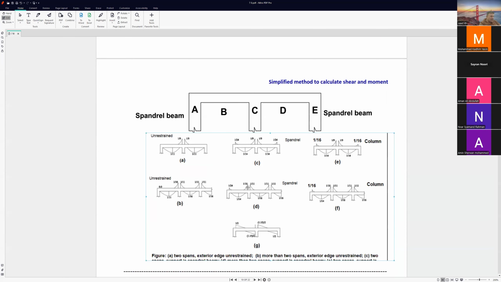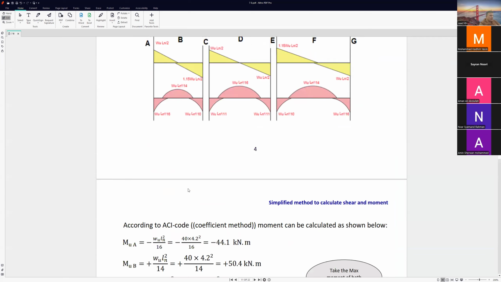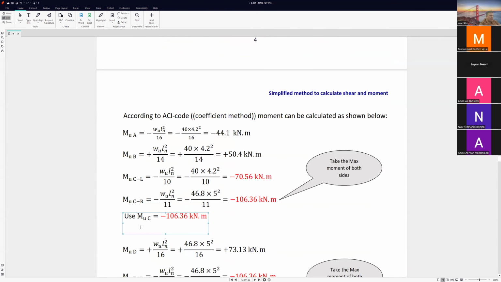But in this case, we should take the moment of the maximum one individually. If we have 1/11 and the dimension is different, we should take the average length. This is important. So here we have the MU of C.